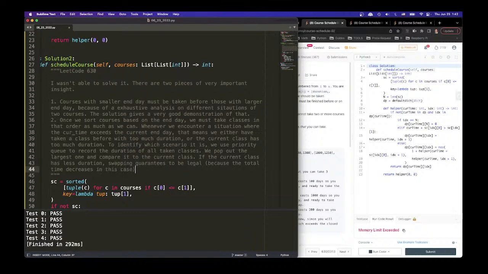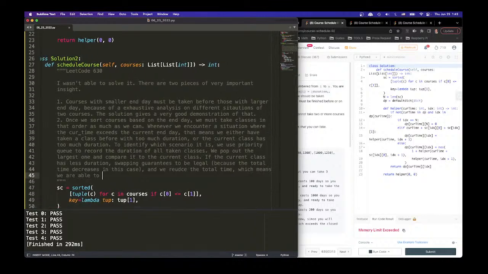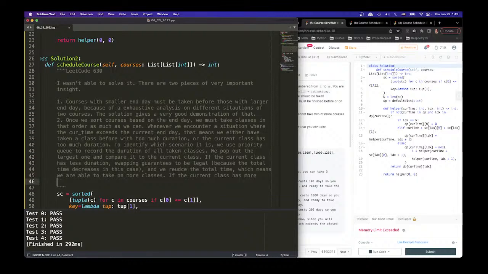So swapping is definitely legal, and we reduce the total time, which means we're able to take on more classes. If the current class has more duration, then we skip it.